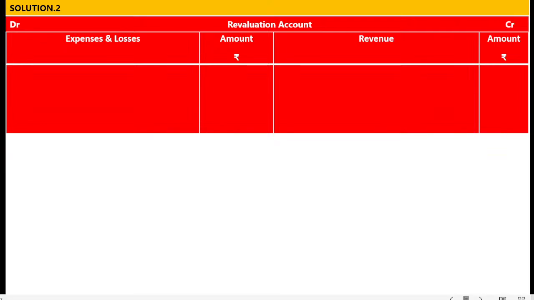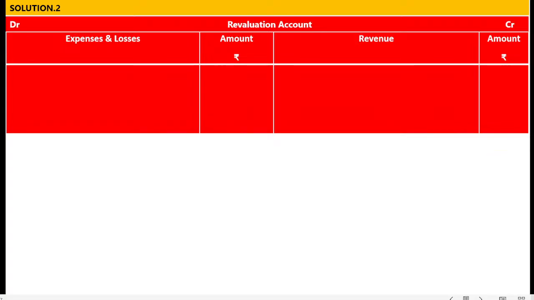In the revaluation account, expenses and losses are written on the debit side, and income, profit, gain or revenue on the credit side.